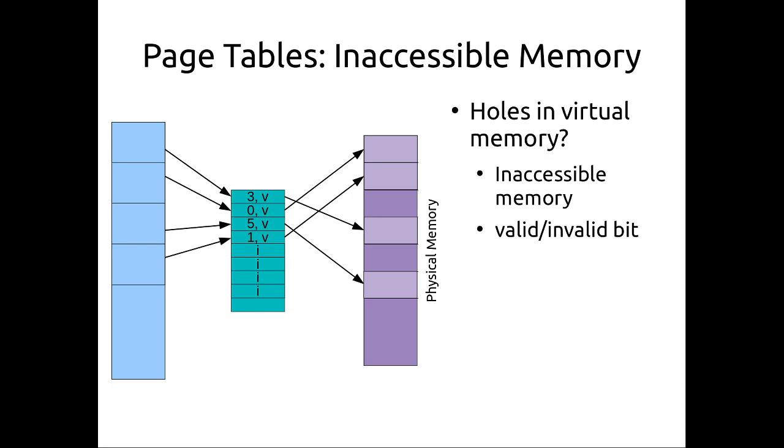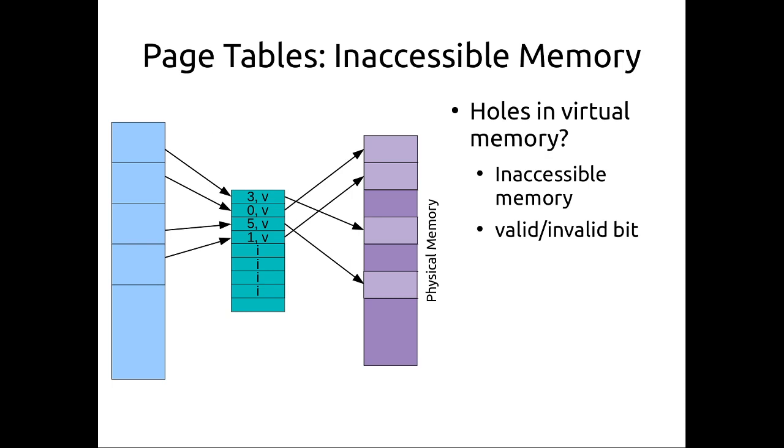They also include a number of bits, and those bits include a valid or invalid bit, usually called a present bit, and that denotes whether that virtual page actually has a valid mapping down to physical memory. So you can see that these first 4 entries in our address space have valid mappings at the corresponding physical frames. However, after that, none of the virtual pages are actually accessible. They're all marked with I as invalid, right?